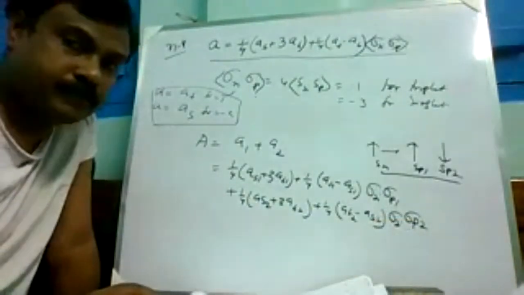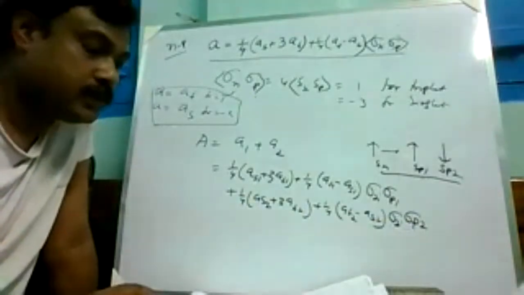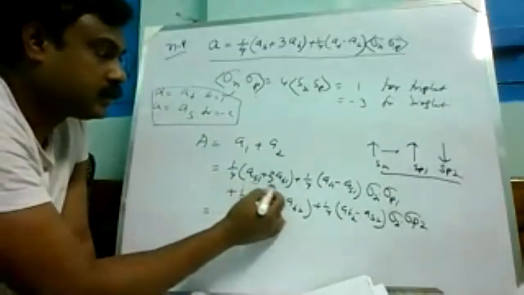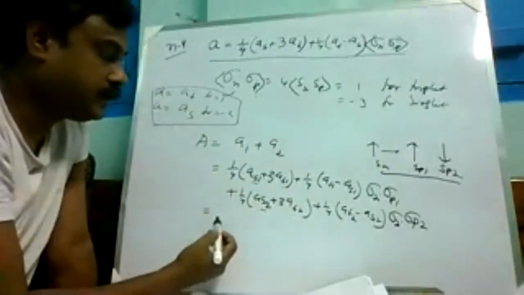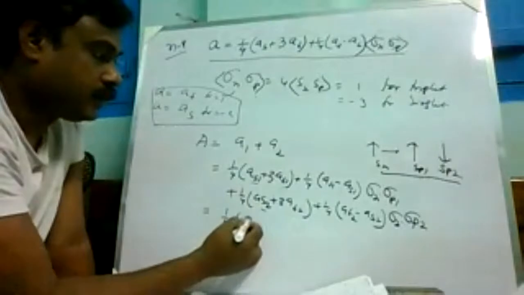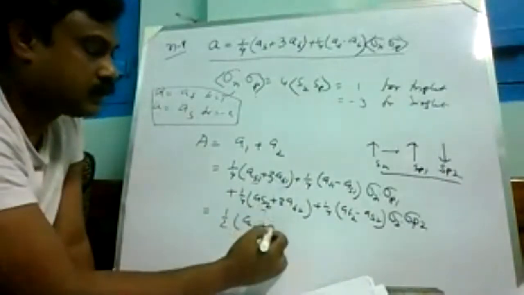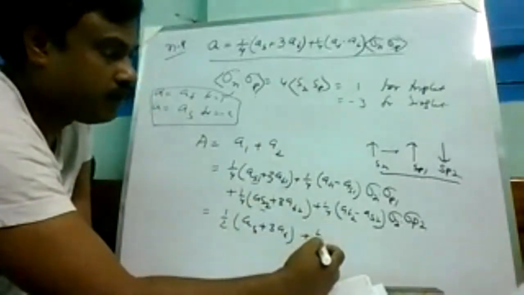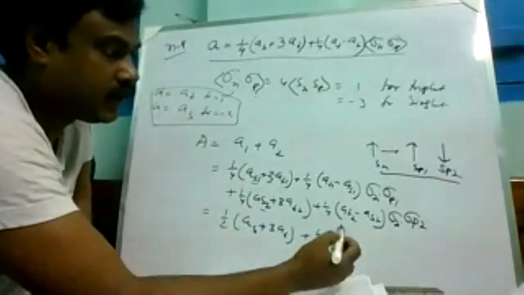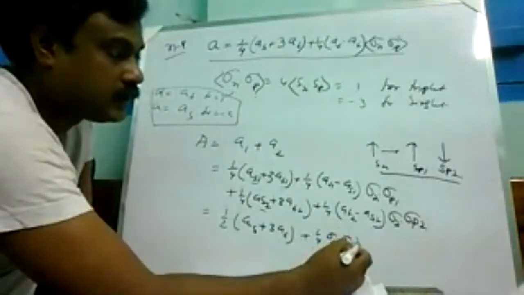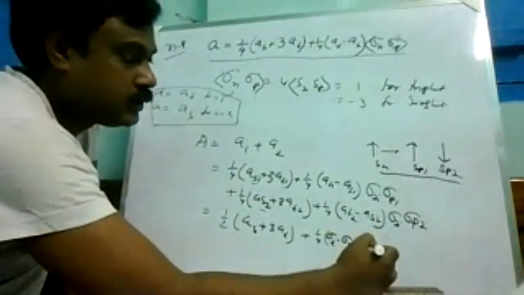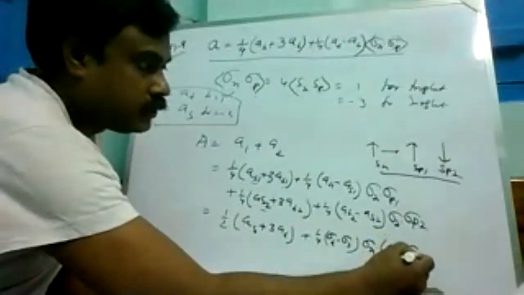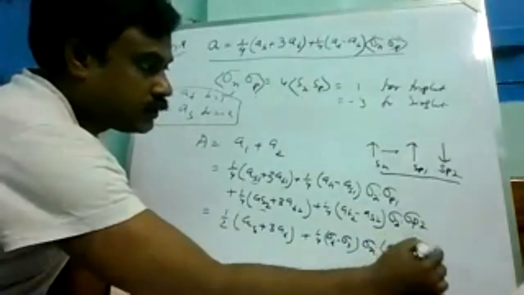Now the two hydrogen atoms in the hydrogen molecule are identical. So S1 and S2, T1 and T2 will be the same. So this will be half (AS plus 3AT)/4 plus 1/4 (AT minus AS) sigma n dot (sigma P1 plus sigma P2).